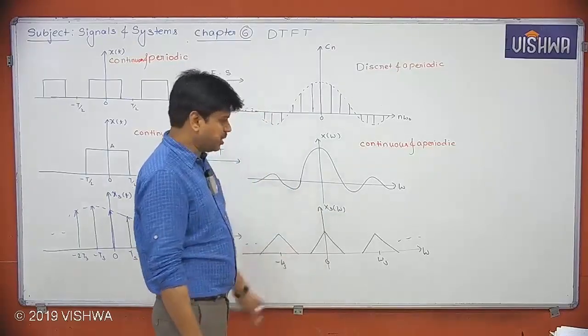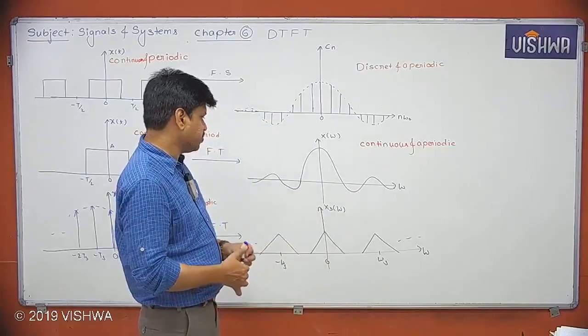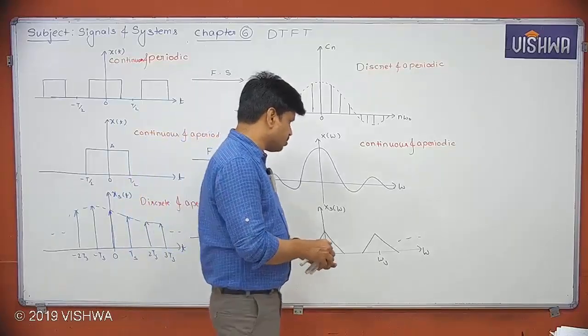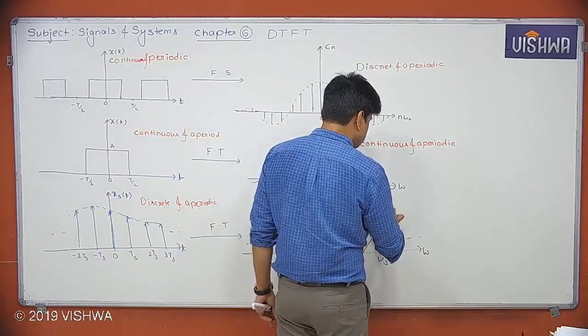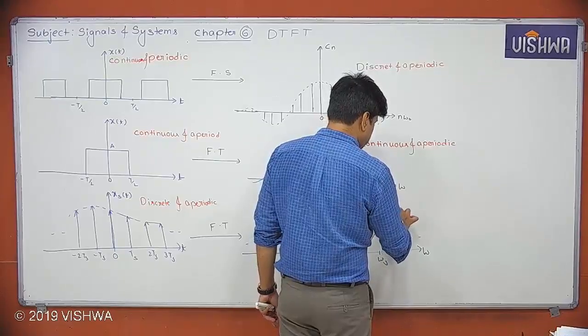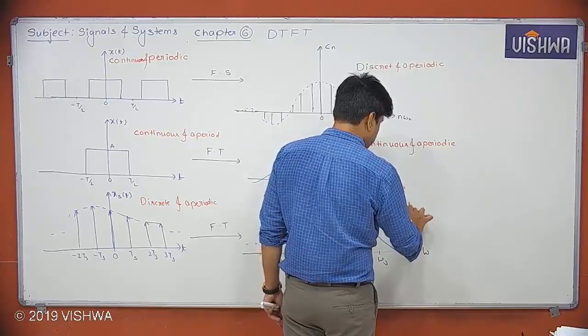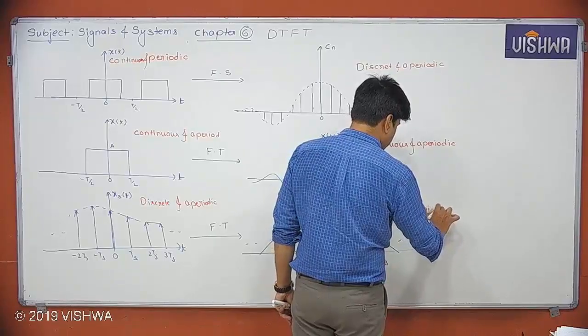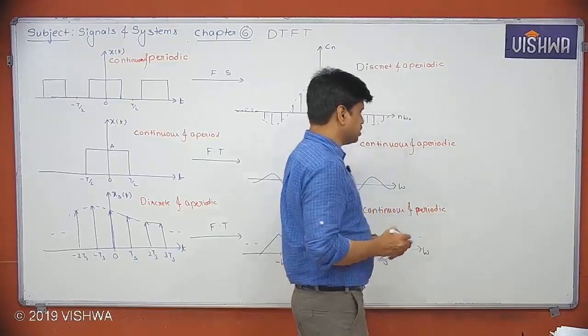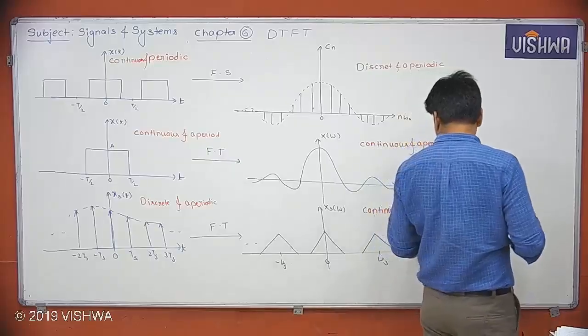We have seen this in the sampling theorem, in the oversampling case. What is the nature of the spectrum here? This is continuous and periodic.